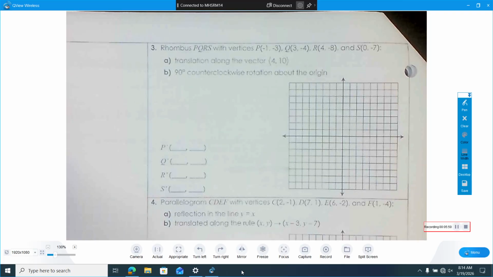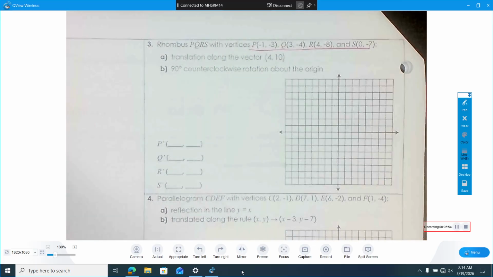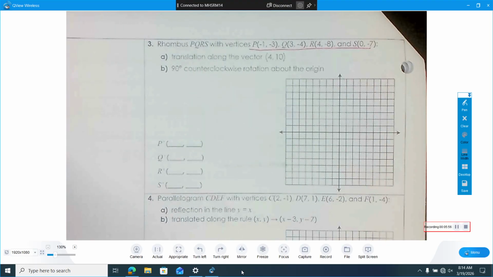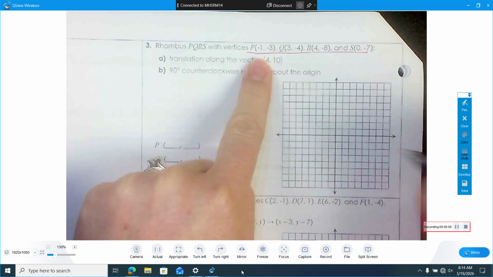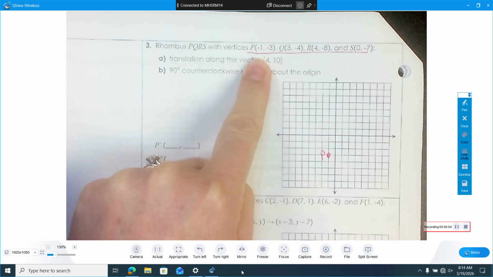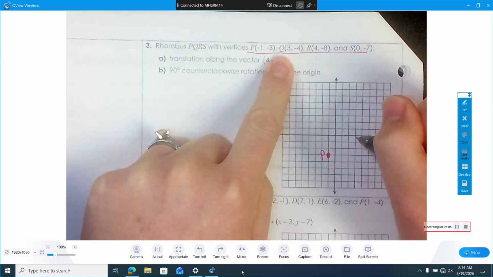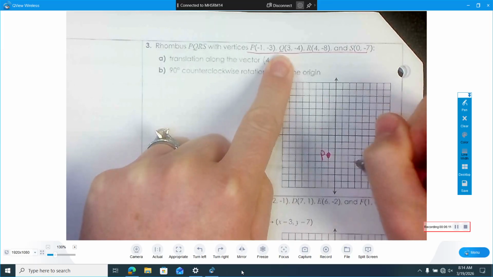All right, number 3, we've got a rhombus PQRS. So I'm starting here, going to graph the vertices of rhombus PQRS. So let's see, P is at -1, -3. -1 down 3 is point P. Q is at 3 up 4. Oh, sorry, 3 down 4. 3, 1, 2, 3, -4.